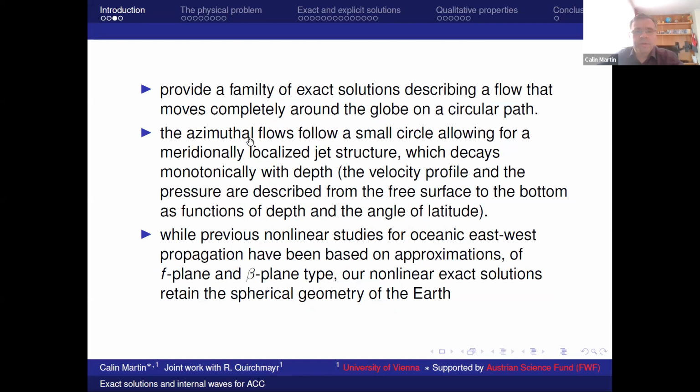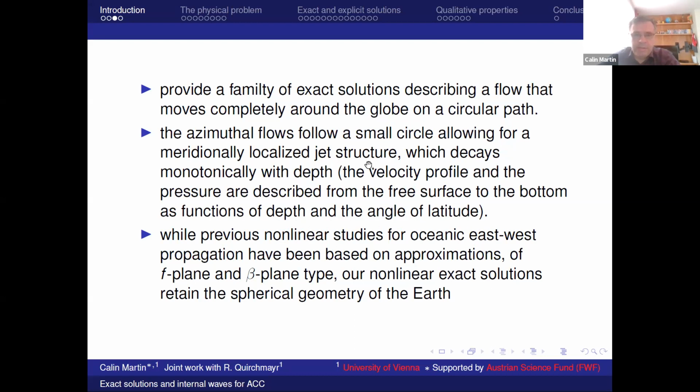So this type of flows are azimuthal flows, and they follow a small circle, allowing for a meridional jet structure, which decays monotonically with depth. The velocity profile and the pressure are given as functions of the variables involved from the free surface to the bottom. So they are functions of depth and angle of latitude.